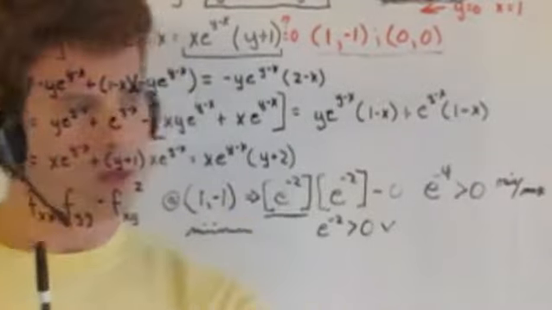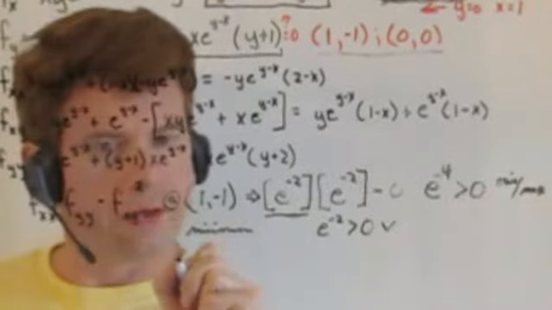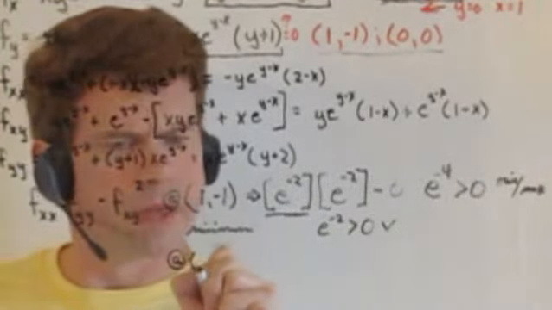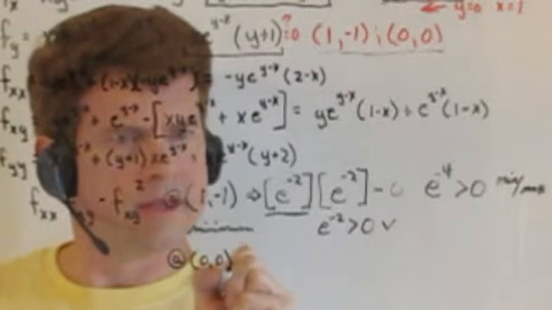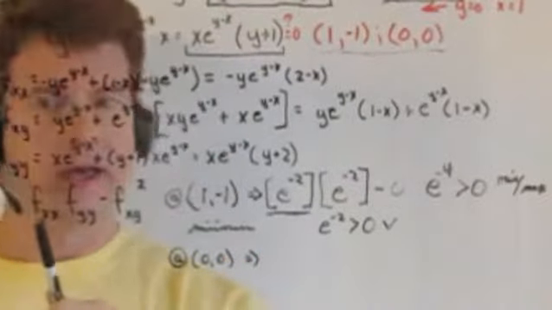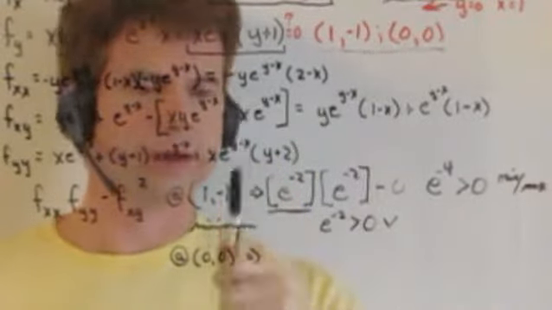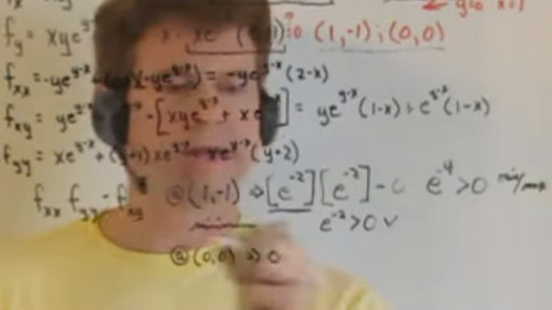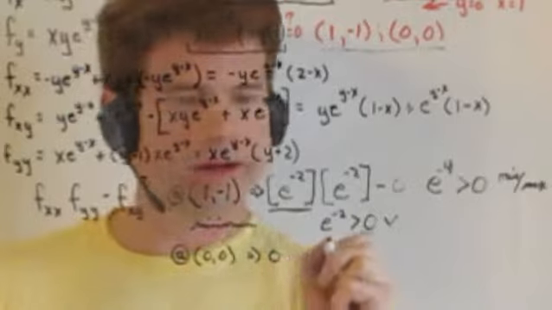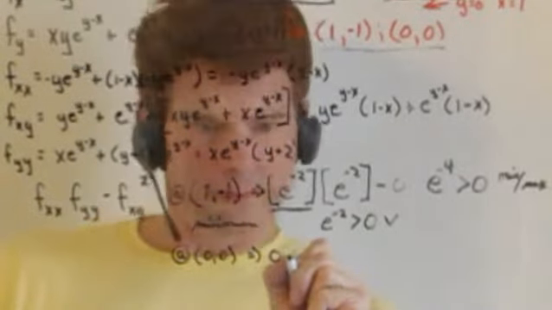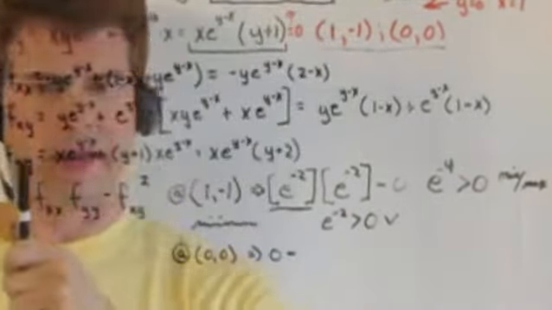Okay, next we need to do the point 0, 0. Let's plug that in. For fxx here, well, y is 0, so we know right away that's 0 times, and then we don't need to worry about the other because we just multiply them.